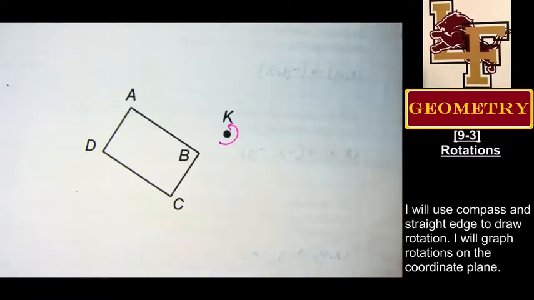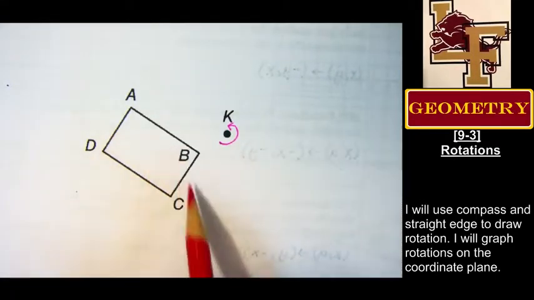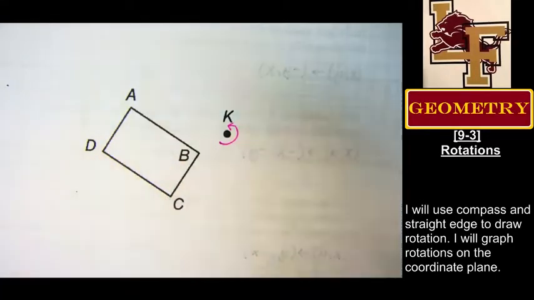All right, step numero uno. I'm going to use a bunch of different colors so that way it's easy to tell which step that I'm on, okay? So, starting with one color. Pick a point you want to rotate first. A, B, C, or D? A. Okay.